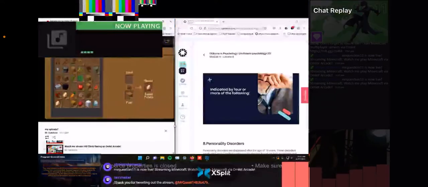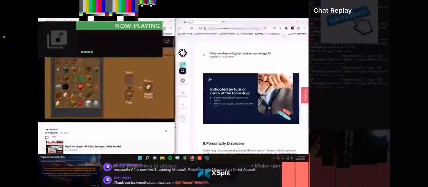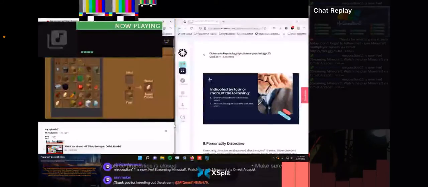They are unable to discard worn-out or worthless objects, even when they have no sentimental value for them. They are reluctant to delegate tasks or to work with others unless they submit to exactly his or her way of doing things. They adopt a miserly spending style toward both self and others. Money is viewed as something to be hoarded for future catastrophes. And lastly, they show rigidity and stubbornness.